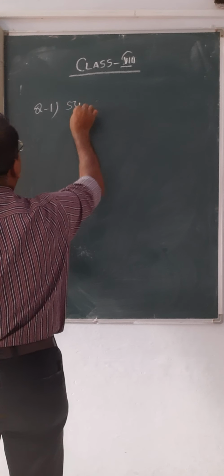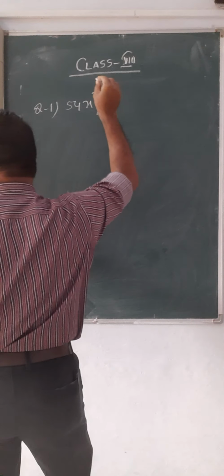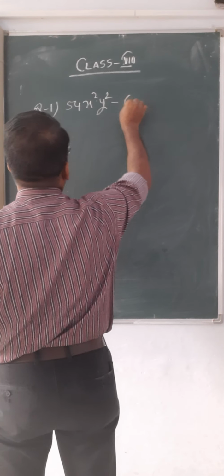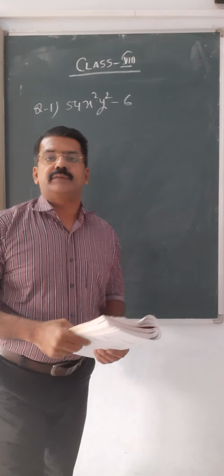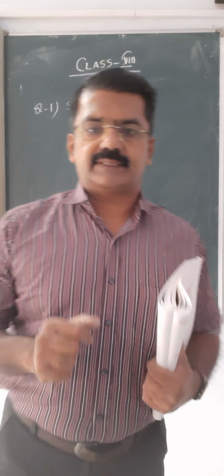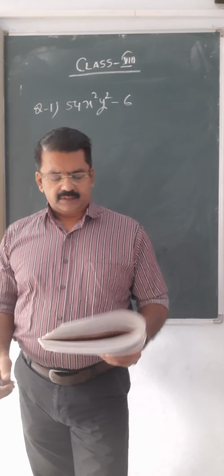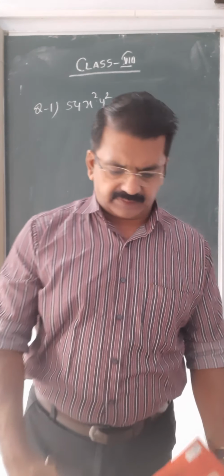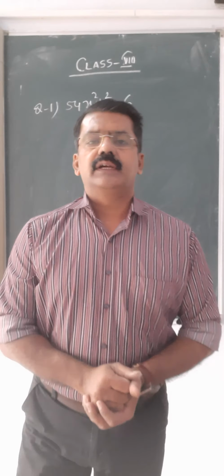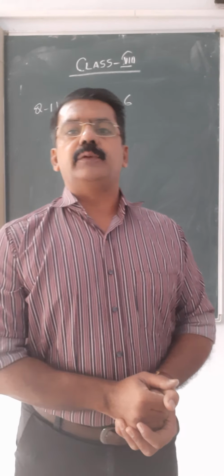54x square y square minus 6. Now, first of all, the first rule of factorization is that if there is anything common from all the terms, then you take it common.